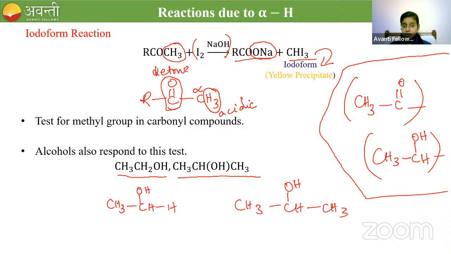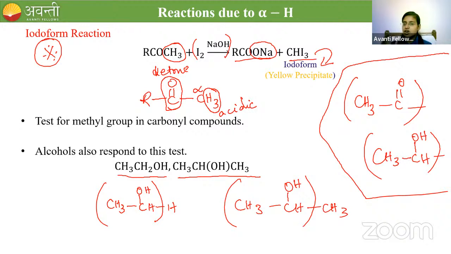Okay, this is a very important reaction. In these two alcohols, we have the CH3CHOH component. So that's why these two alcohols will respond to this test. Ketone has the CH3CO group. So ketones will respond to this test. Deva, you want me to explain once again? Yeah, I will.